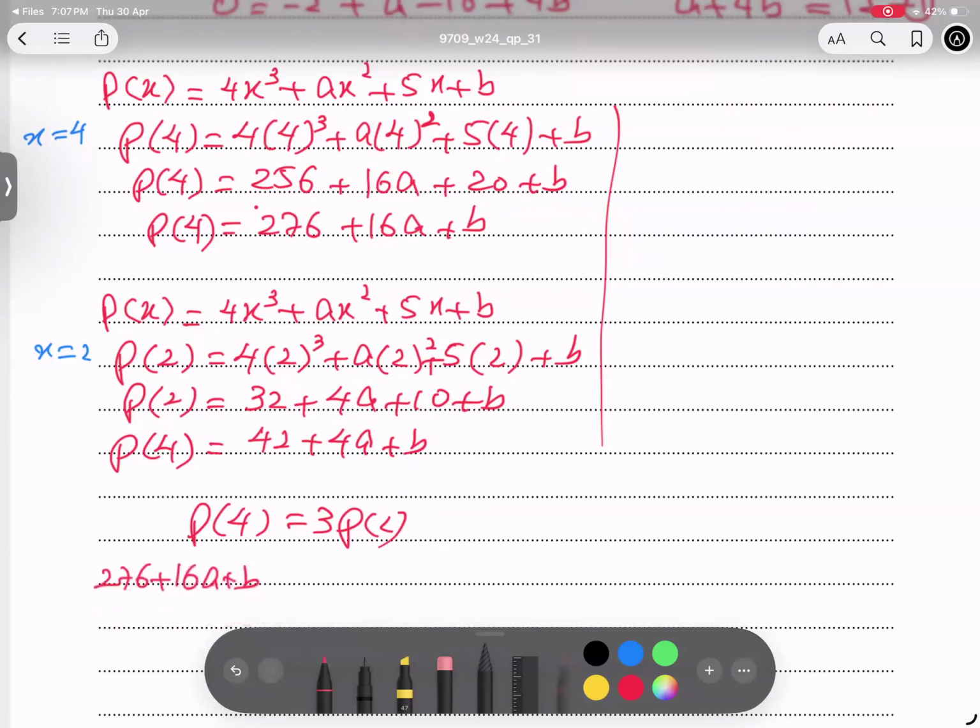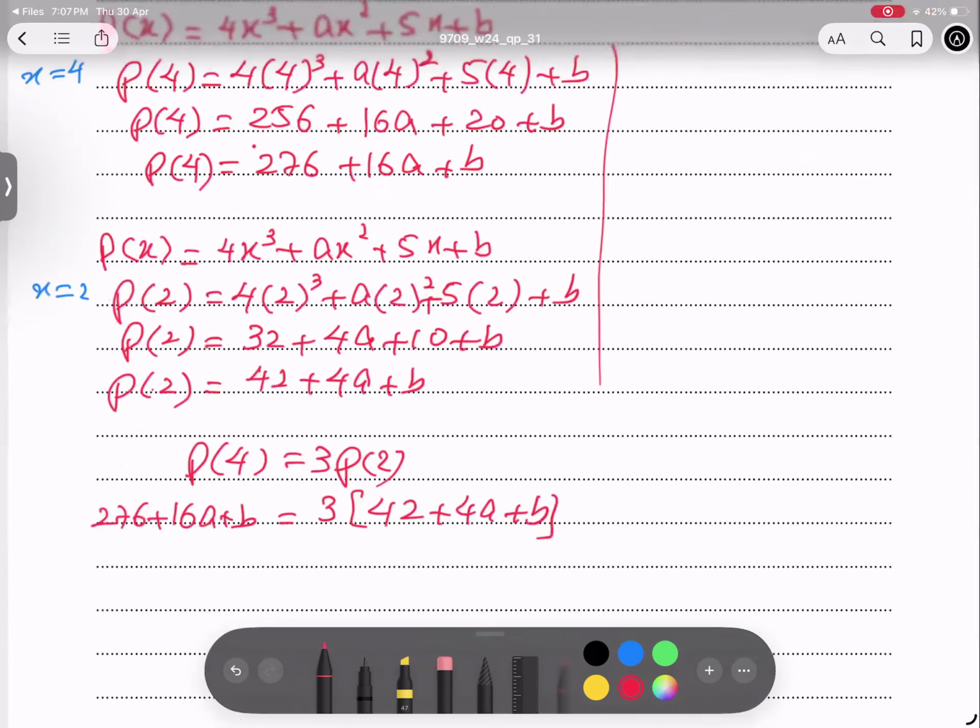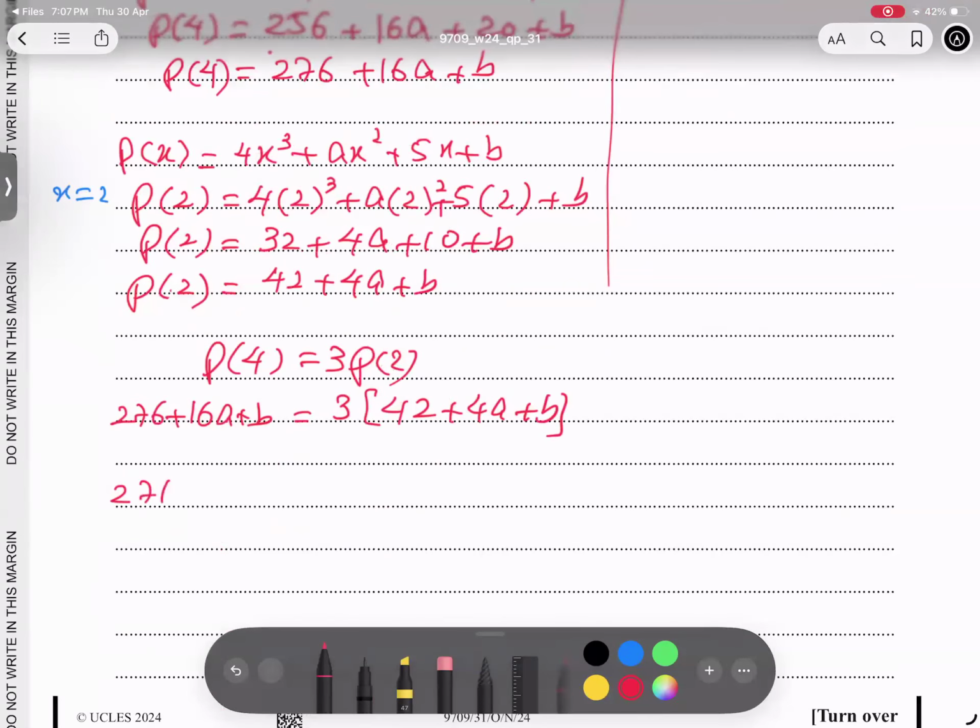So this value, students, comes from here, equals to 3 times P of 2. So P of 2 is 42 plus 4a plus b. 3 multiplied inside: 3 times 42 is 126, and 3 4s are 12, 12a and 3b.